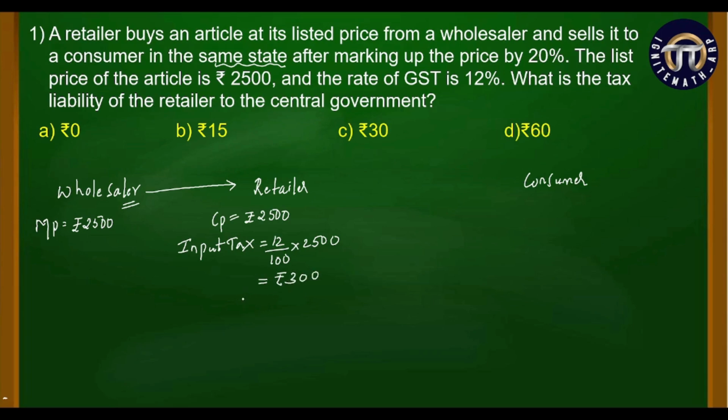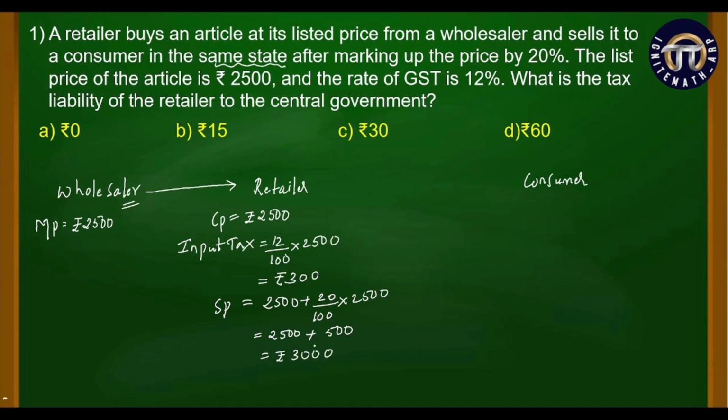Now the retailer obviously wants to earn some profit, so he marks up the price of the article by 20%. So the SP of the article for the retailer is 2500 plus 20% of 2500, that is 2500 plus 500, which is 3000 rupees.